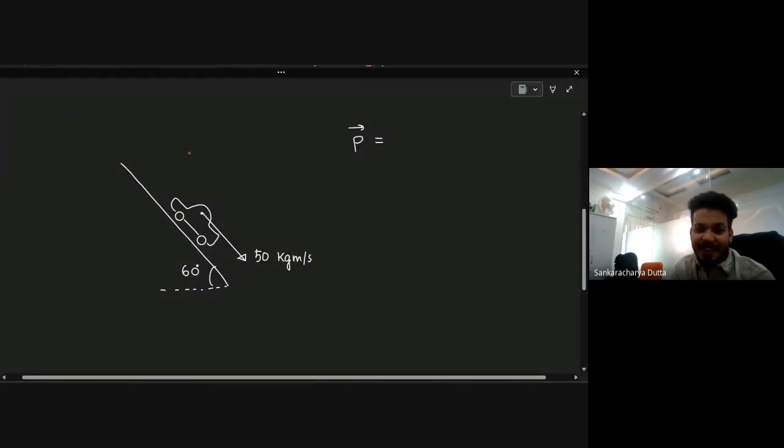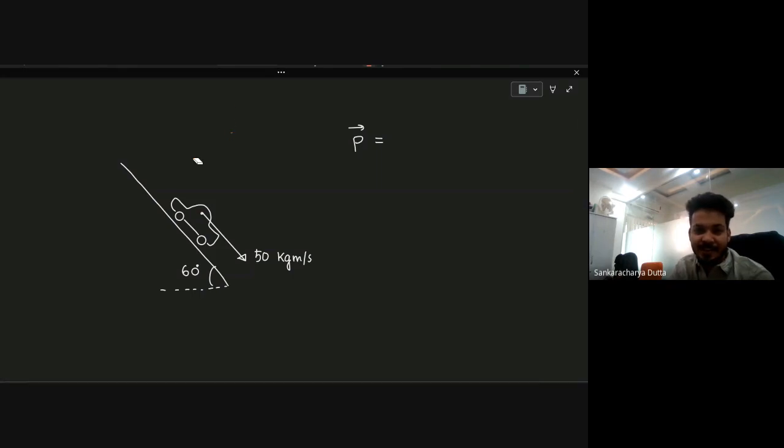Okay, if I consider this to be the standard x-axis, and this is the y-axis, and I break this into components, this is how it will look.